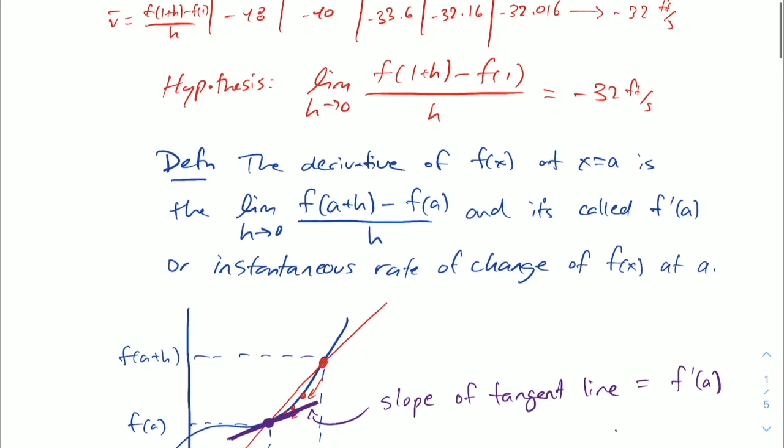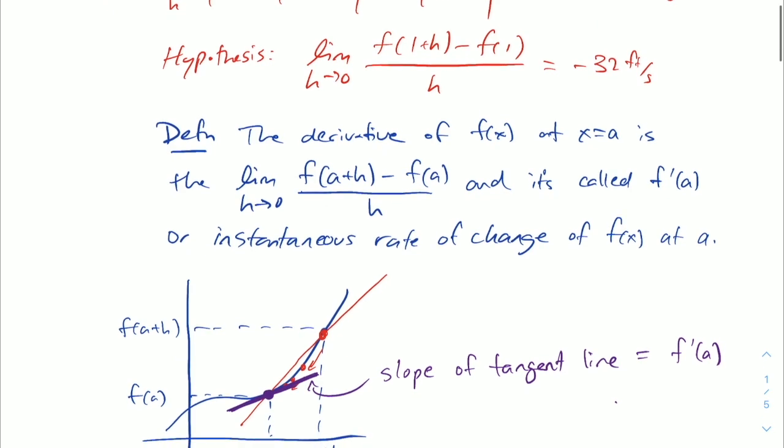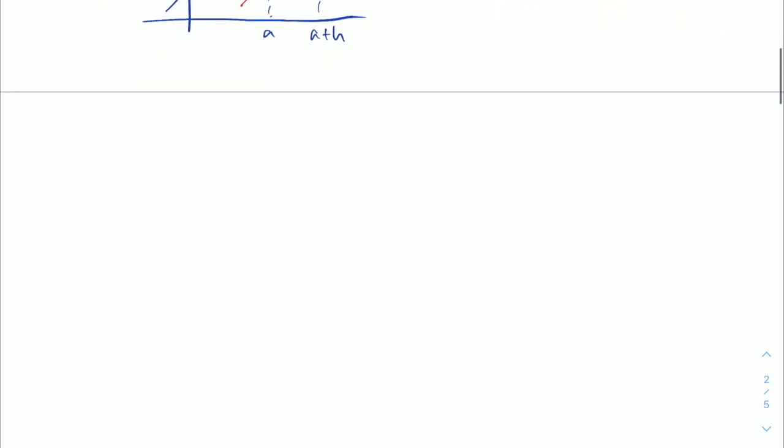Okay, now we're ready to test our hypothesis. Now we're ready to compute this limit. We'll call this example 2. Let's find the derivative at 1 given this function f of t is 100 minus 16t squared.